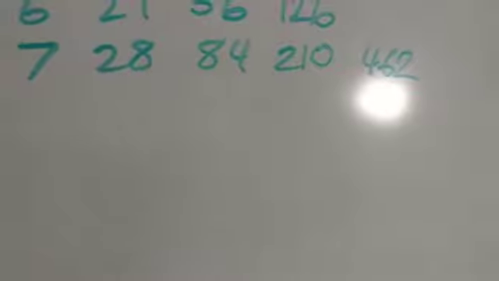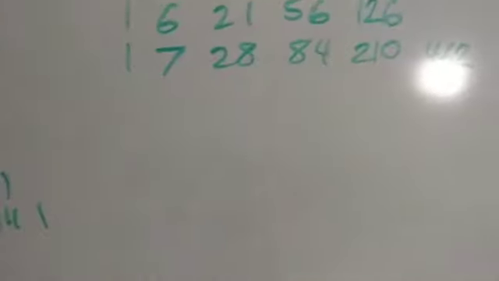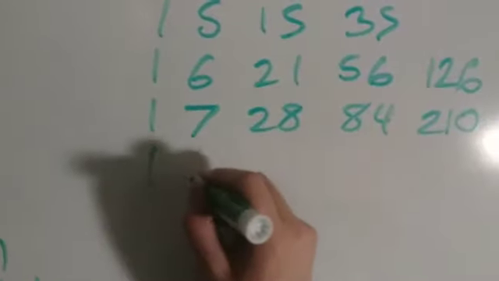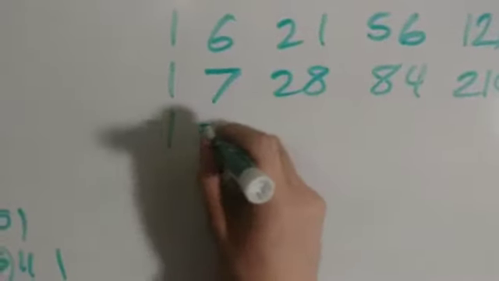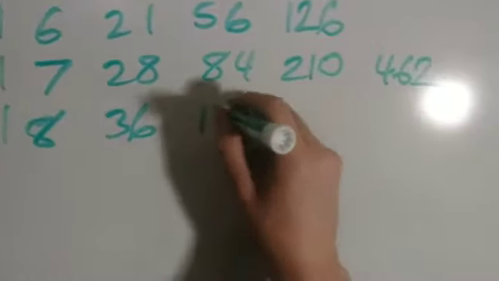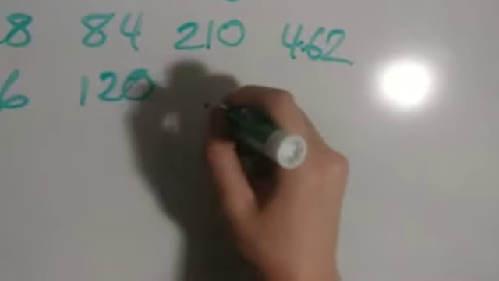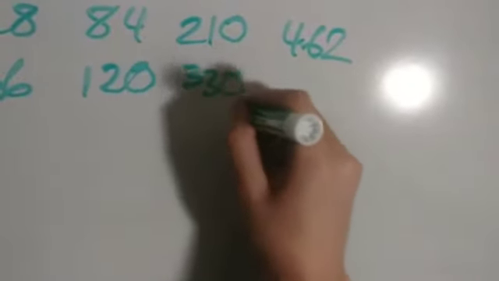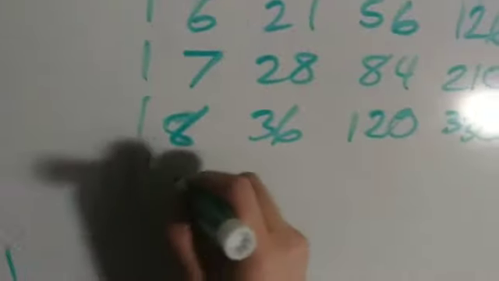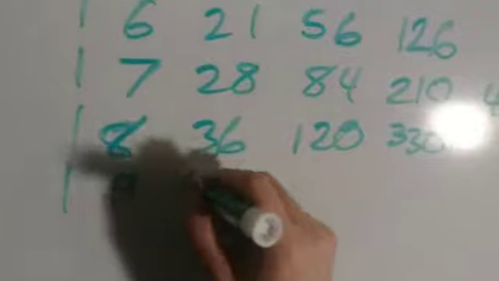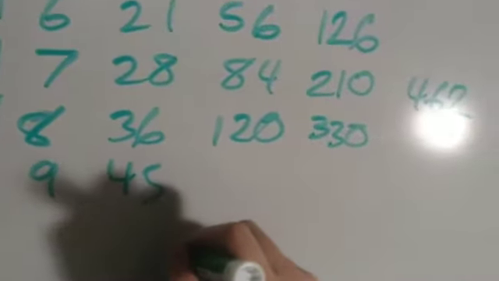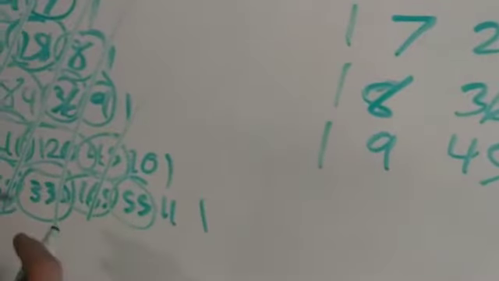And that's as far as I got as far as getting all the values. I mean, best I can do with what I have right here is 1, 8, 36, 120, 330, and then 1, 9, 45, and then 165.